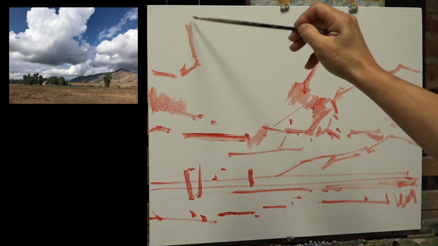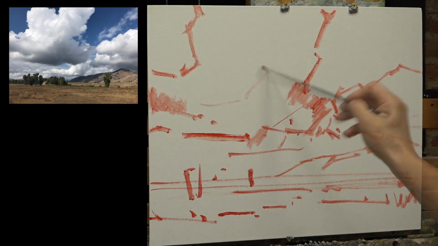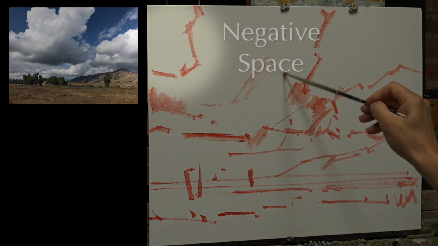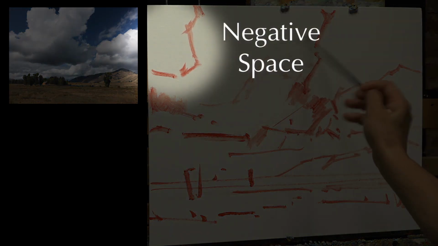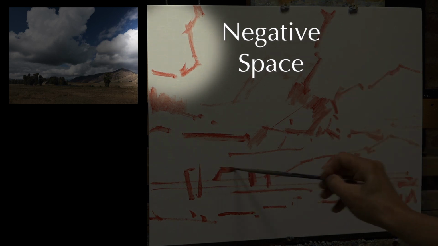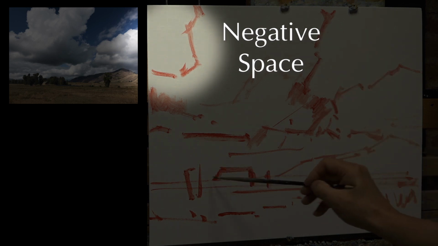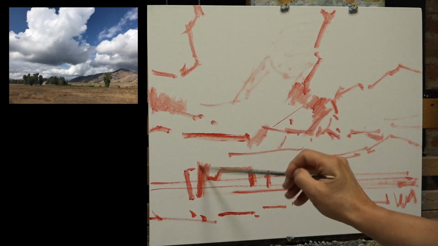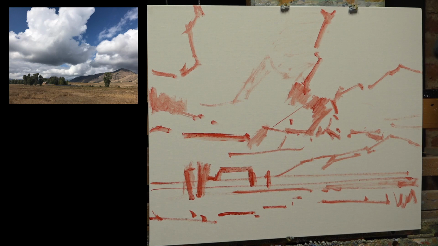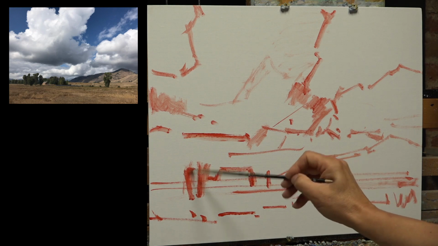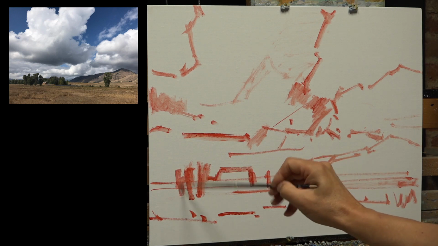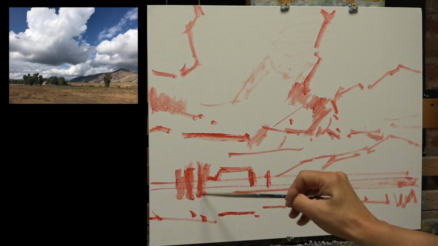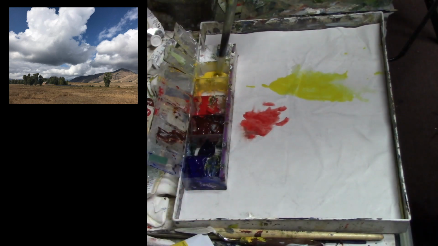Here, if I'm putting in the edge of the cloud, a lot of times I'm looking at the negative space, not actually at the cloud, but at the negative space behind it in order to draw the cloud. And what that does is it helps me to become more objective in what I'm seeing, as opposed to trying to put down what I think I see. So that's a case where, the old adage, draw what we see, not what we know.